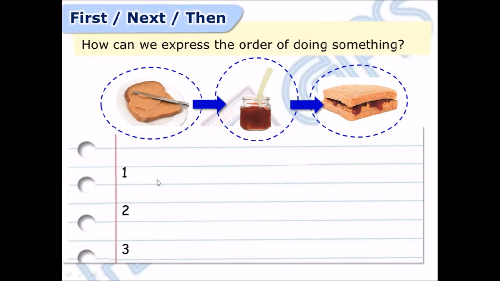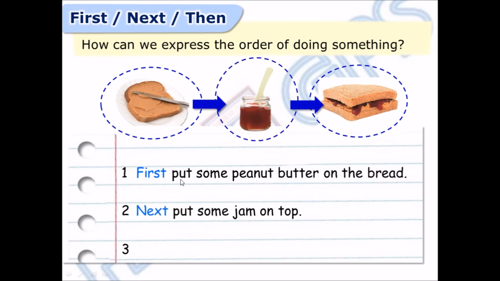Step 1. We use first: put some peanut butter on the bread. Next, put some jam on top.